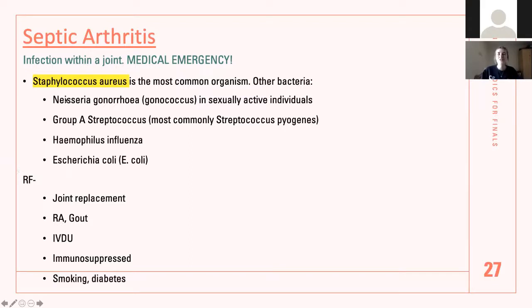Risk factors for developing septic arthritis include joint replacement, so recently having joint surgery, having rheumatoid arthritis or gout, being an IV drug user, being immunosuppressed, smoking, and also having diabetes.